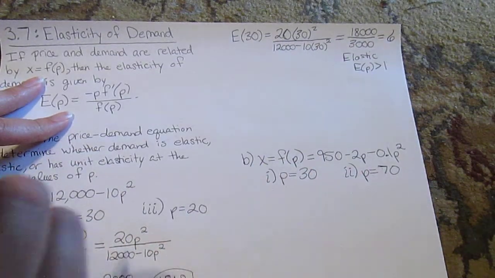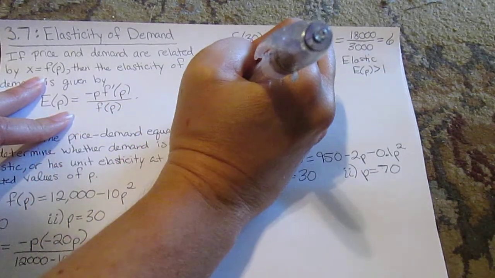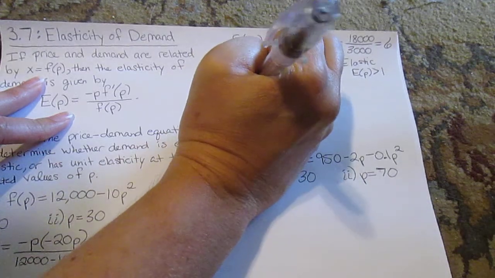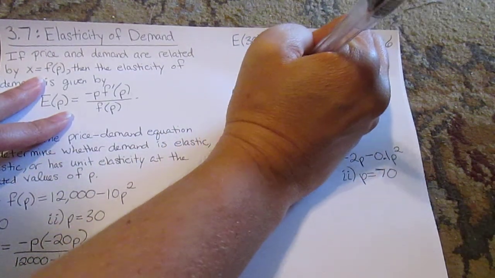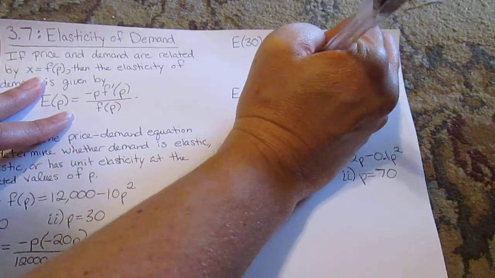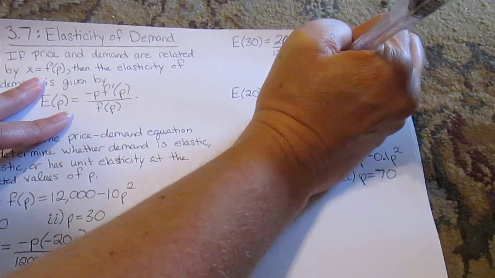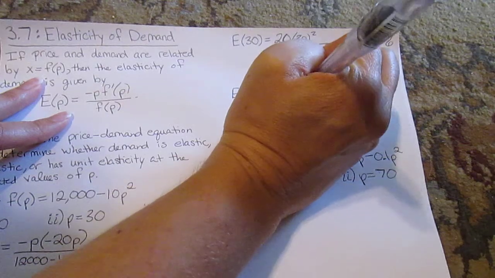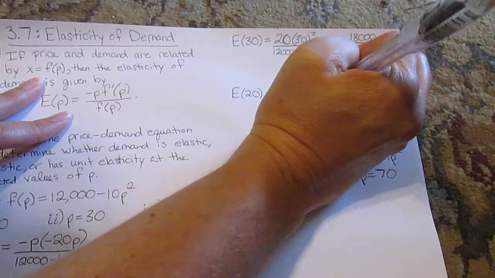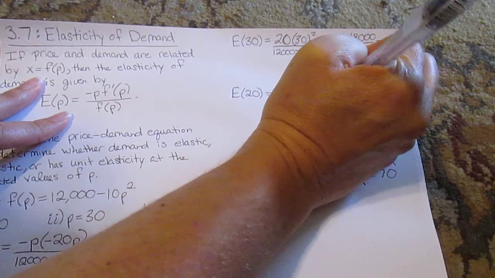Okay, and finally we'll plug in 20. So we've got 20 times 20 squared over 12,000 minus 10 times 20 squared.